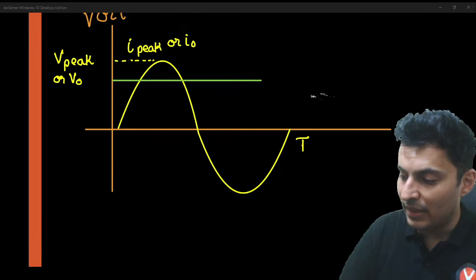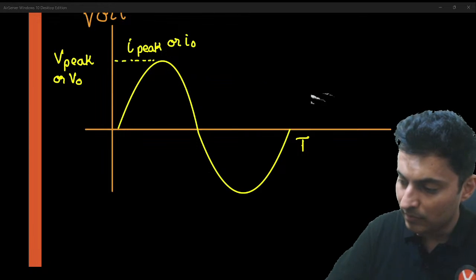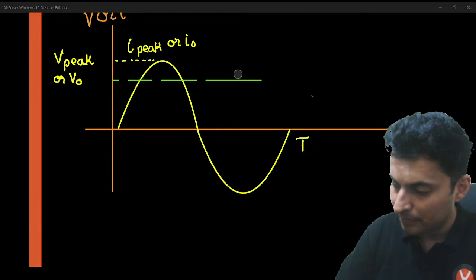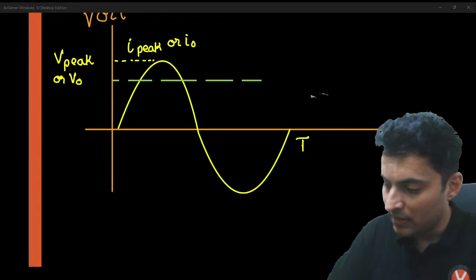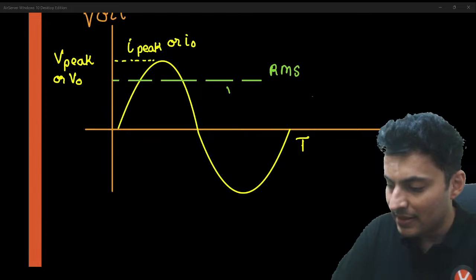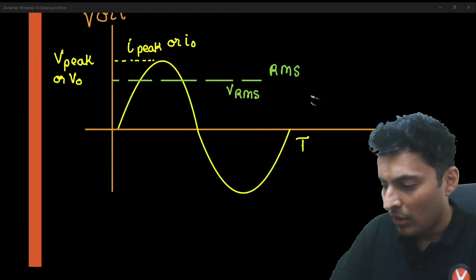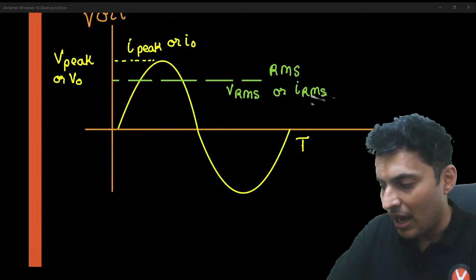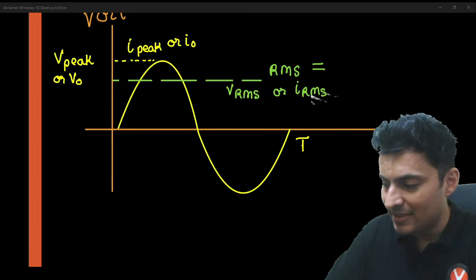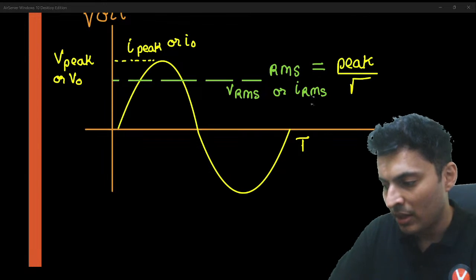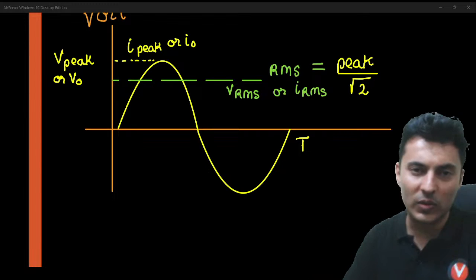RMS value looks something like this. Yeah, this is your RMS value. So either it is VRMS, or if it is a current graph, it is IRMS. Remember, the RMS value is always the peak value divided by root 2 for sine or cosine graphs.